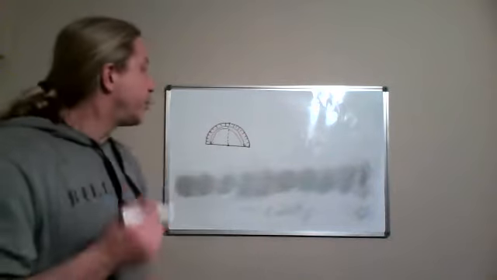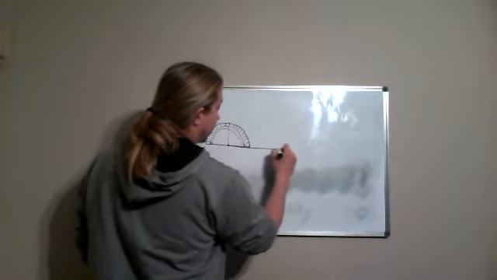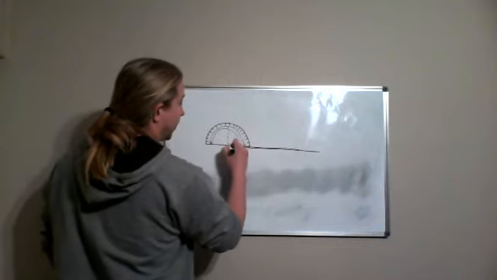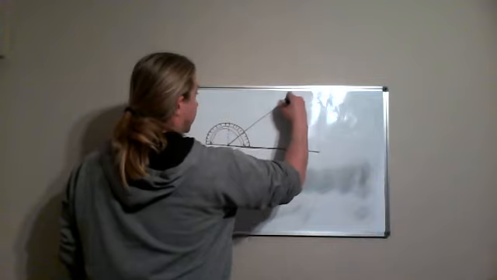If we want to measure a particular angle, let's say there's a line like that, and we have an angle that's doing that.